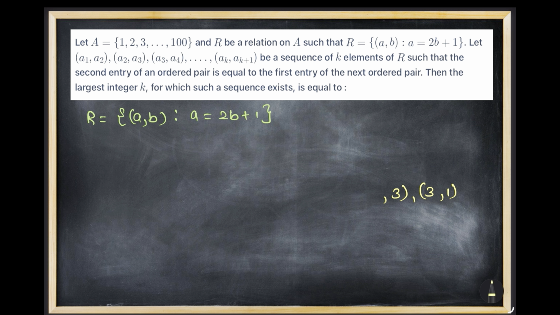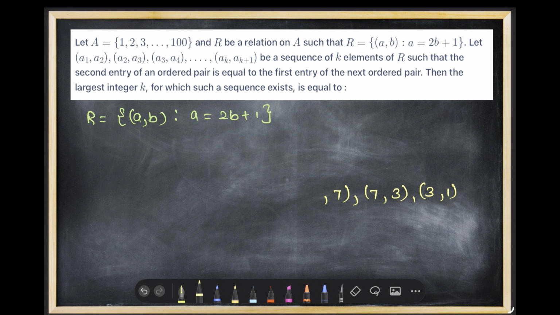Now if b is 3 this time, it is 6 + 1 = 7. Now the next thing would be 7. You should go in reverse order, because you don't have any restriction on b, that's why I'm focused on b. Okay, so 7, so it will become 15.